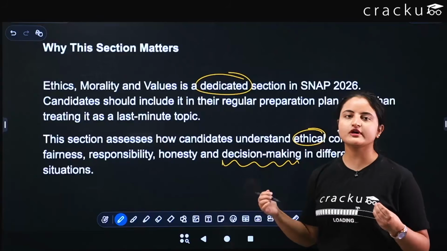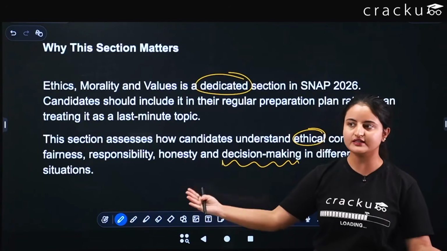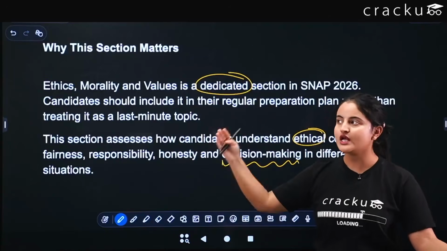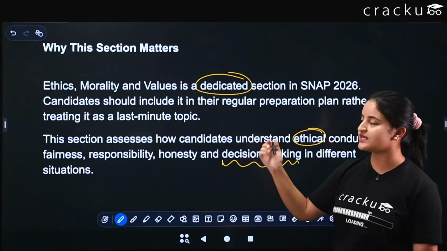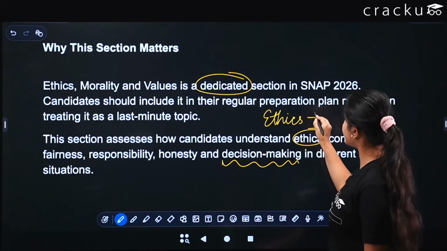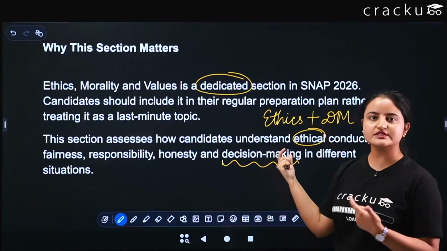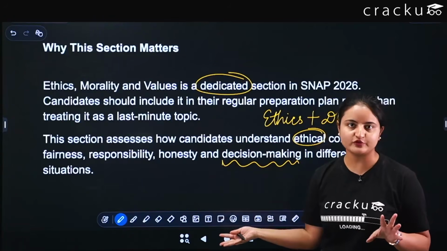So please do not view this section completely with the lens of ethics or values and just eliminate everything. You have to view it with the lens of ethics, but combine it with good decision making. I will also discuss some traps that we tend to fall into.